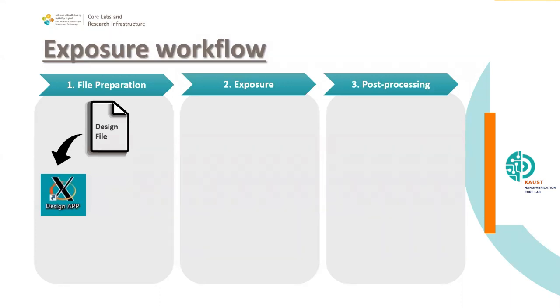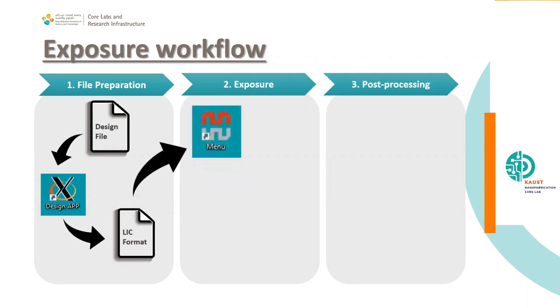This is the icon that you will find on the desktop of the computer. So you load it into this, and then it will convert it into the format that the tool uses to expose. With this format, we will bring it to the next software, which is the one that operates the hardware of the tool.